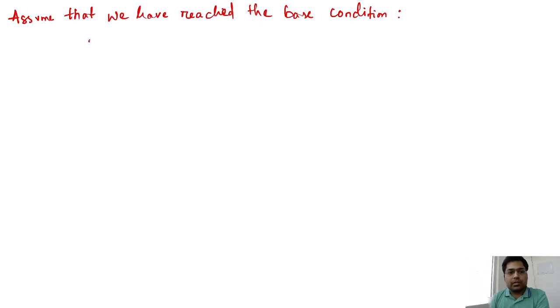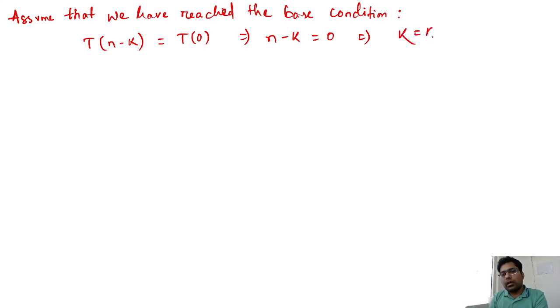We have reached a base condition. In that case, T of n minus k equals T of 0, where the cost would be equal to the cost where k equals n or n equals k.